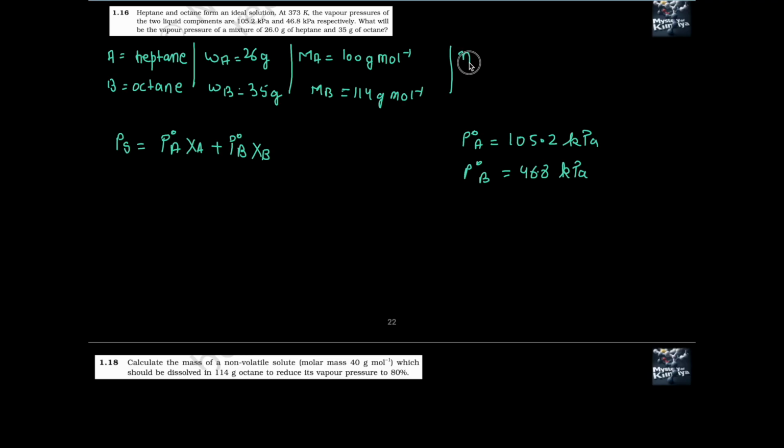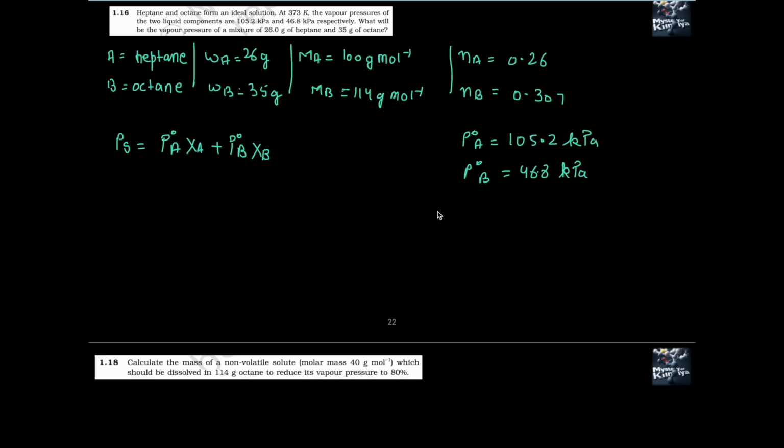So for that, moles of A would be equal to weight of A divided by molar mass of A, which is approximately 0.26 moles, and moles of B would be around 35 divided by 114, and you will get around 0.307 moles.